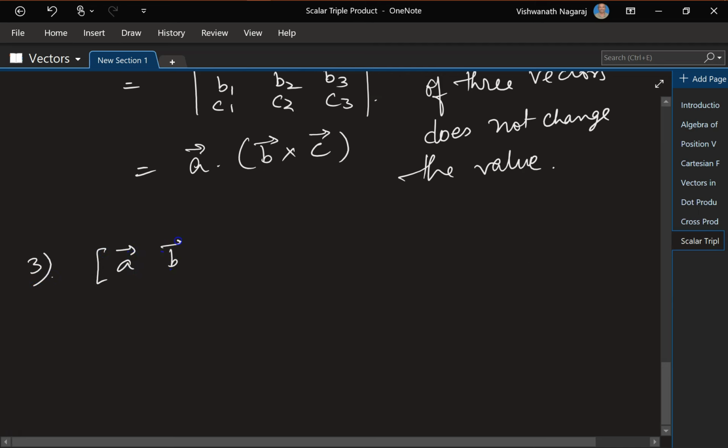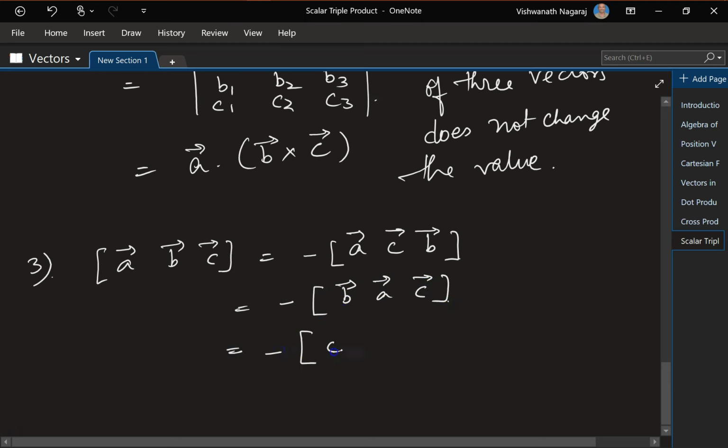[A, B, C] is equal to minus [A, C, B]. Just remember, we have exchanged the rows, so it becomes negative. Similarly, minus of [B, A, C].